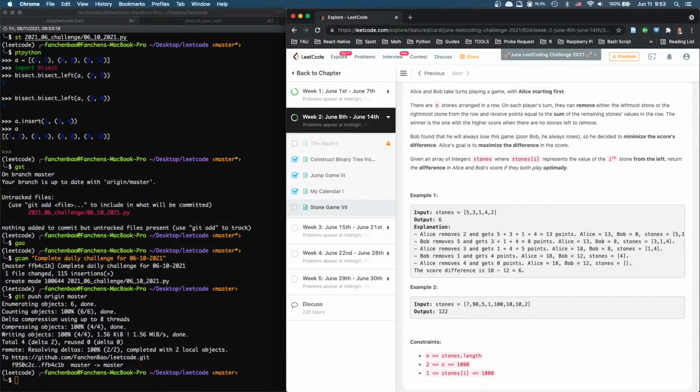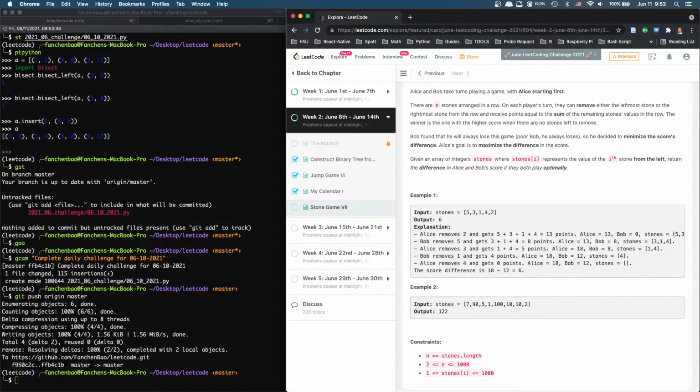Think about it. You have n stones, right? So the first round, Alice will pick any stone, and you have the remaining, and that's the score. And when Bob picks, the maximum he can get is the remaining minus one of the values. So each round, Bob will get fewer points compared to Alice. That's why Bob is always going to lose.